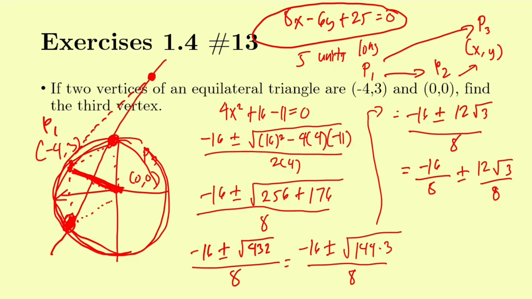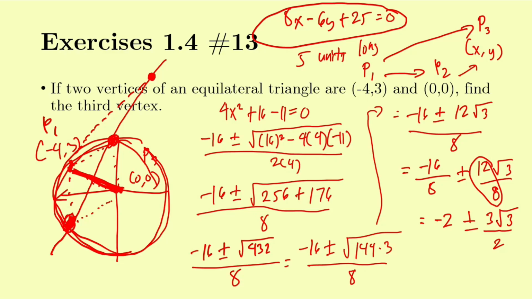So, negative 16 over 8 is equal to negative 2. Okay? Plus or minus 12 over 8, which is equal to 4 over 3. This fraction can be simplified as 4 thirds. Oh, no. 3 halves, rather. 3 halves. So, 3 square root of 3 all over 2. So, negative 2 plus or minus 3 square root of 3 all over 2.